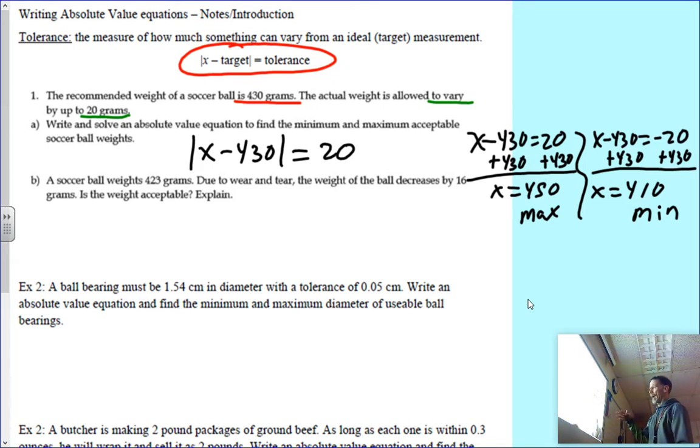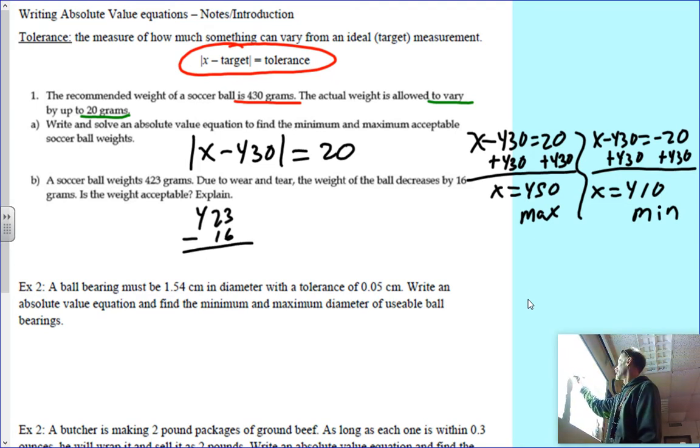Part B is just an application of that same question. So now you have a ball that weighs 423, and obviously that's okay because that's within our tolerance, our variance. Due to wear and tear, the weight of the soccer ball decreases by 16 grams. Is the weight acceptable? If it starts at 423 and we subtract 16, that becomes 407.